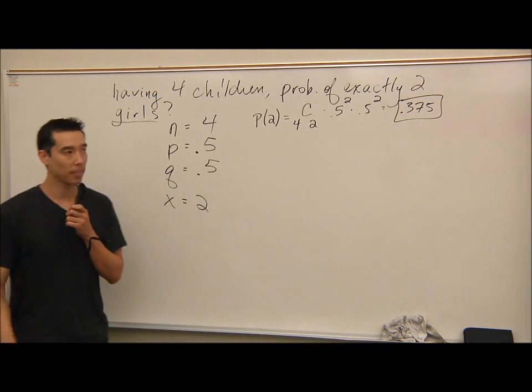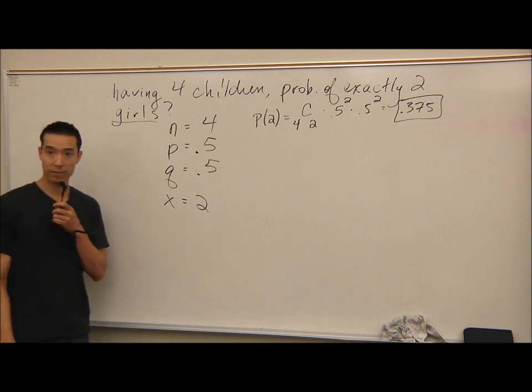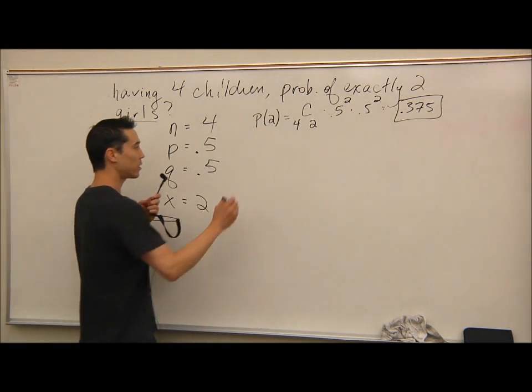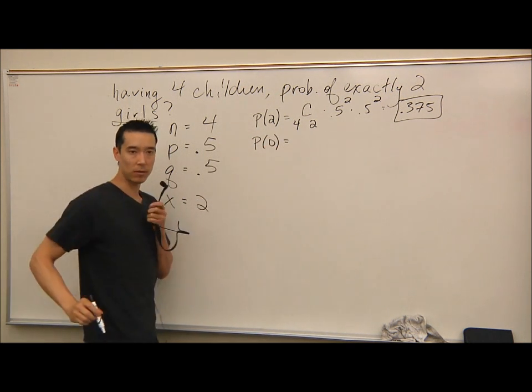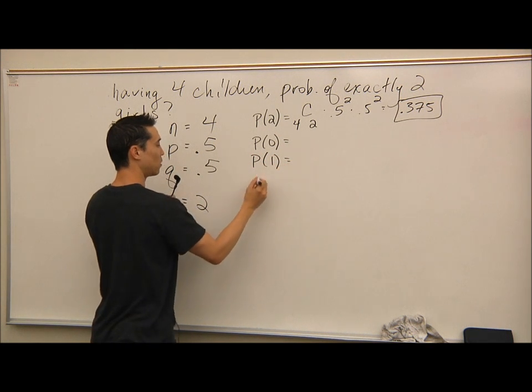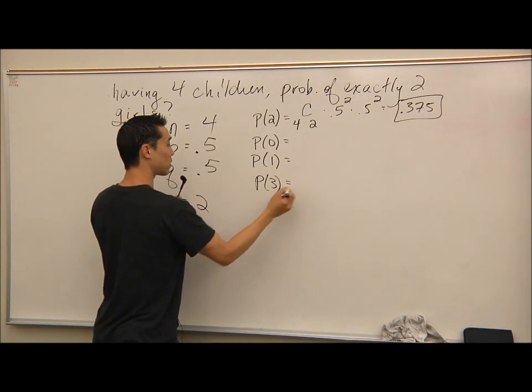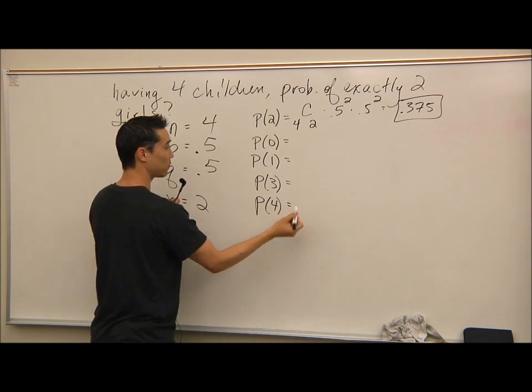Okay? Everybody get 0.375? Okay, great. I want you to keep going with this one. What's the probability of having exactly 0 girls? What's the probability of having exactly 1 girl? What's the probability of having exactly 3 girls? We've already done 2. What's the probability of having all 4 girls?